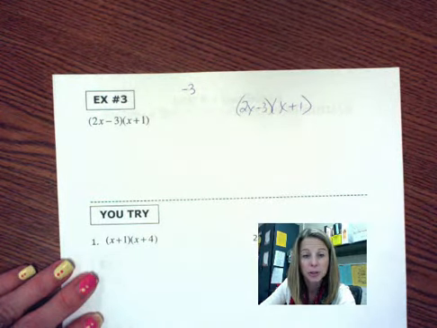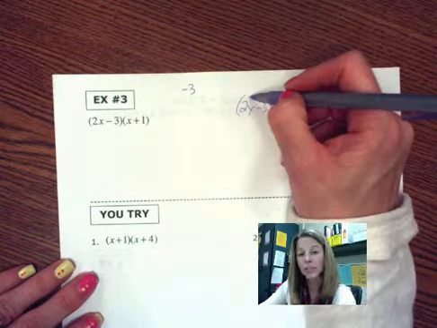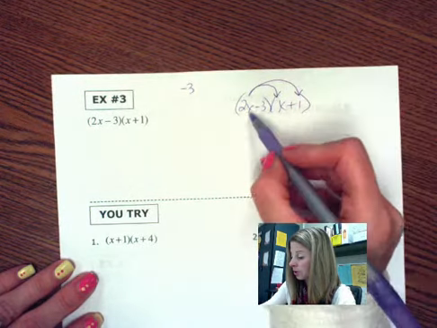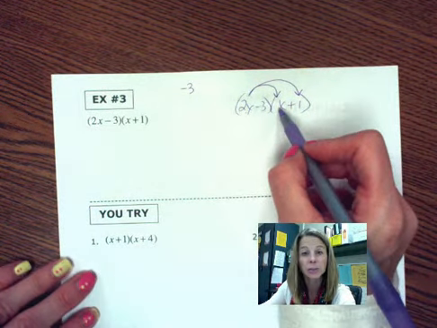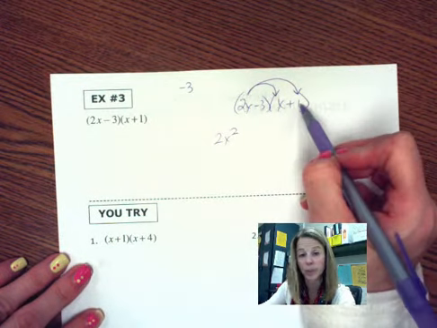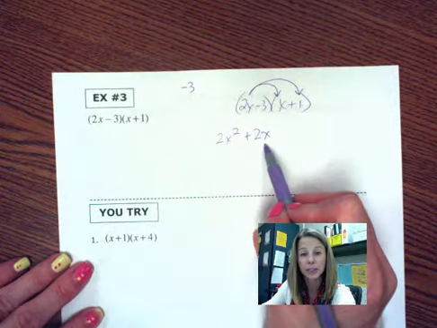So I will be multiplying by a negative when I do work with the 3. So I'm going to take the 2x and multiply by x and multiply by 1. So 2x times x is 2x squared. 2x times 1 is 2x. So I have 2x squared plus 2x.